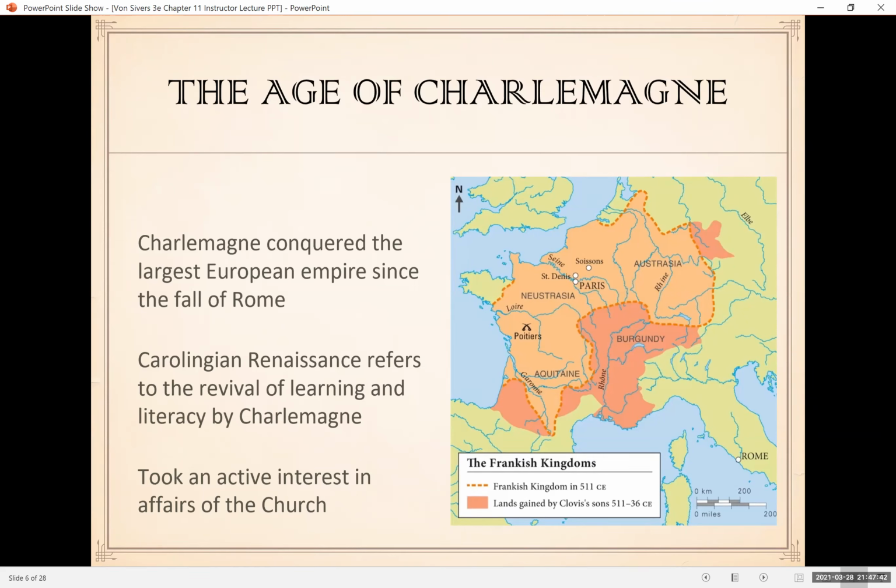Remember how the Franks had a tradition which becomes law that if a father dies and has wealth, the wealth must be spread amongst the children. Well, one of Charlemagne's descendants is going to have three sons, Louis the German, Lothar, and Charles the Bald, an unfortunate nickname.